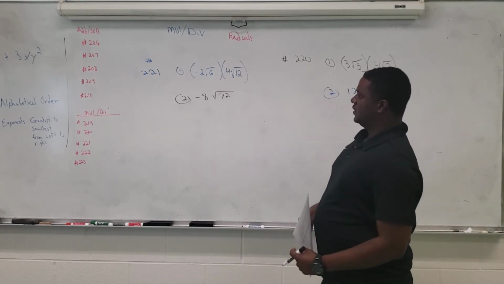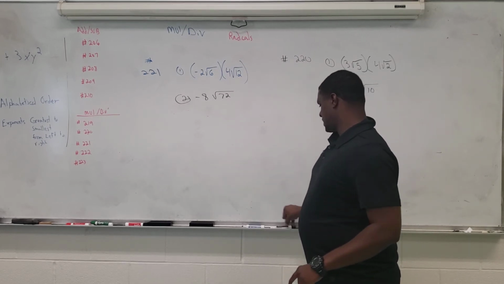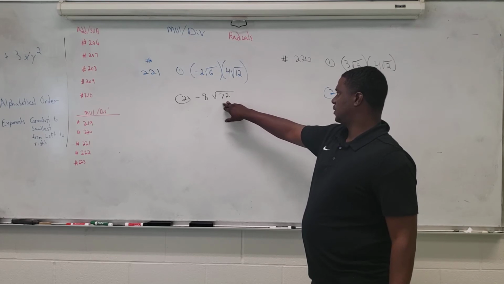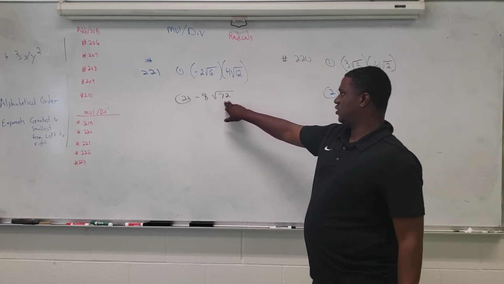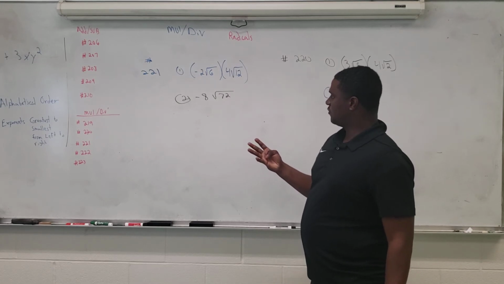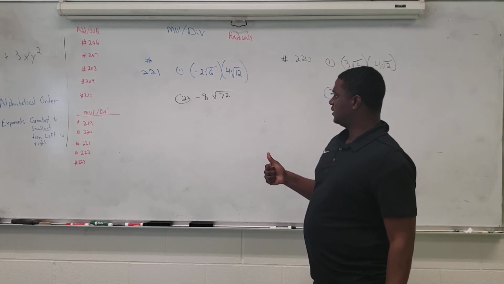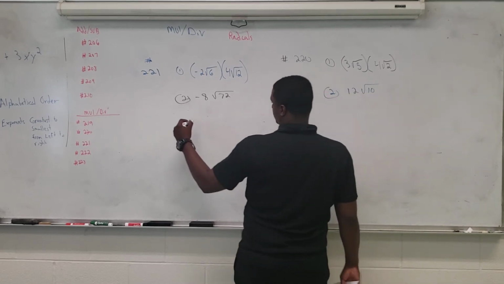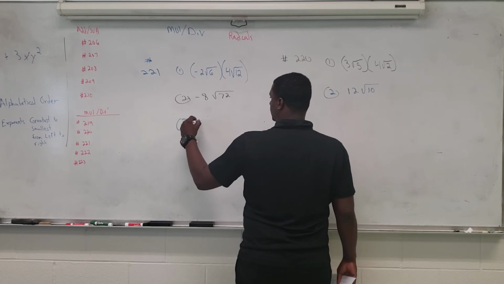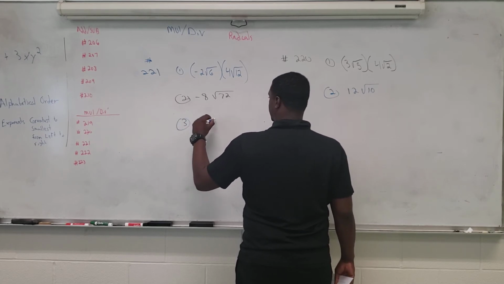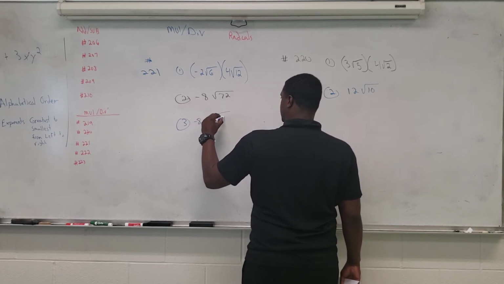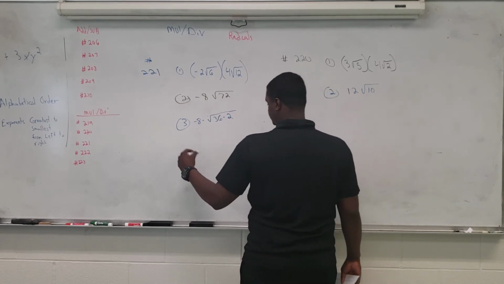Now, this is not simplified. I know that 72 has a square root in it, and it has a couple. It has square root of 4, it has square root of 9, and it has square root of 36. So I choose the largest one, which is negative 8 times square root of 36 times 2, right?